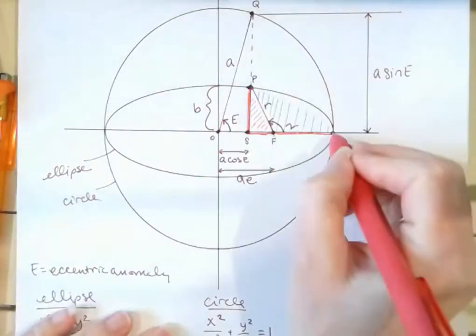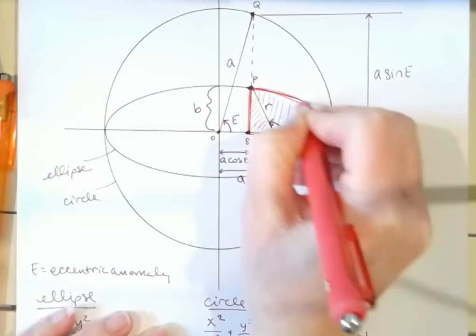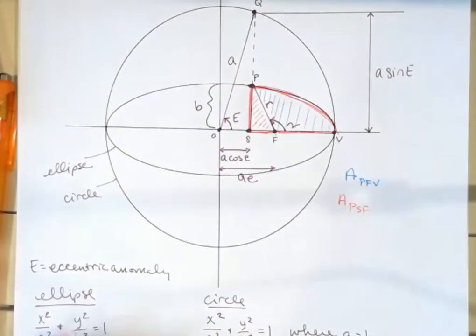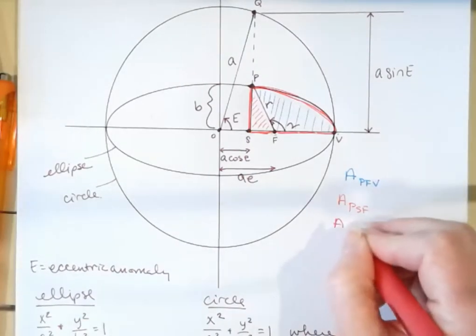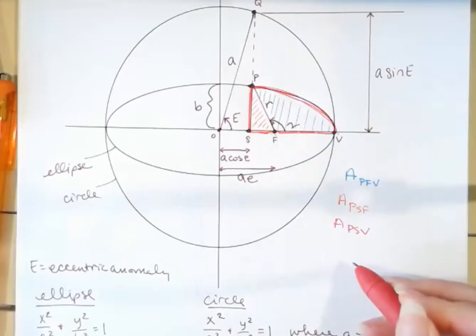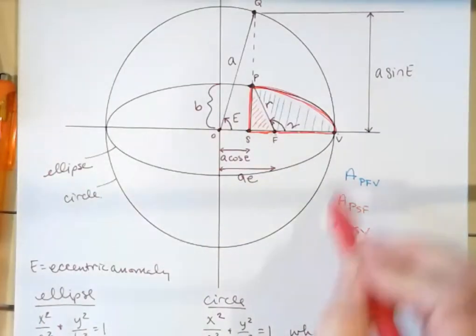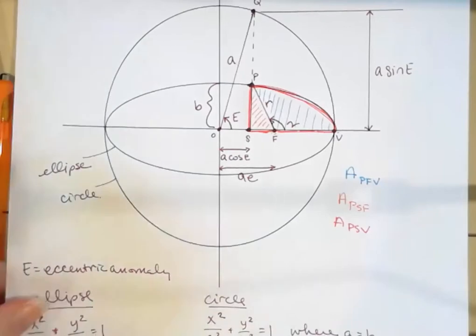Let's finish marking this one off. Well, somehow the red showed up really well. That's weird. So now we have that, and that'll be the area of PSV. So really that's this whole thing shaded. I'm not going to put the shading in there, but that's what it would be. So now we've got these three areas, and we're going to use those three areas to find our equation.